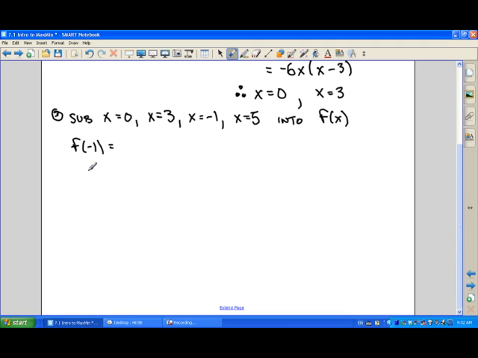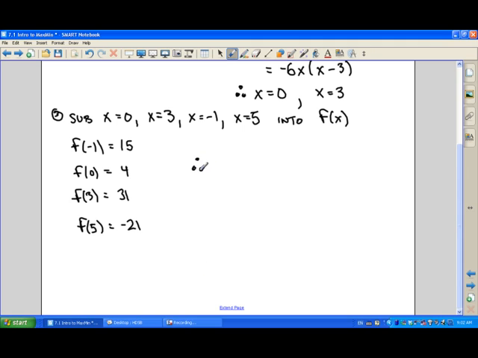So I'm solving for f of negative 1, f of 0, f of 3, and f of 5. And when I do that, I get values of 15, 4, 31, and negative 21.